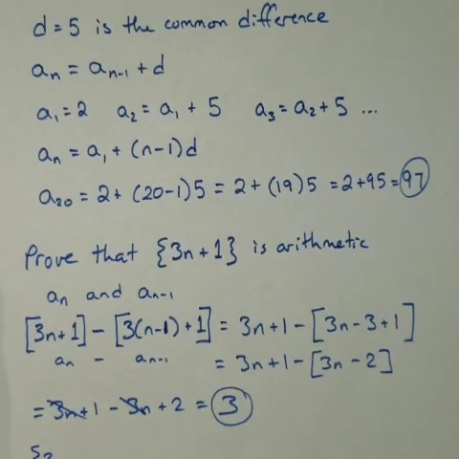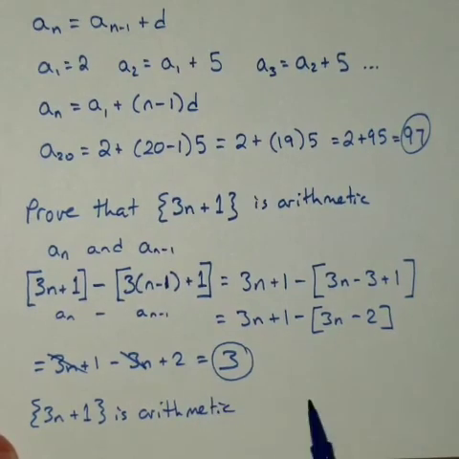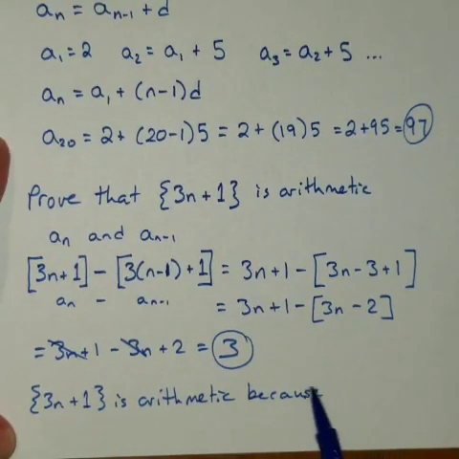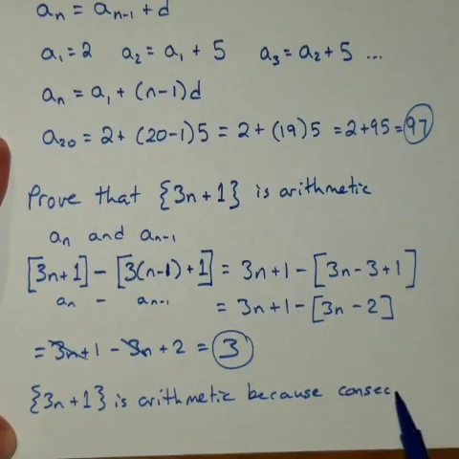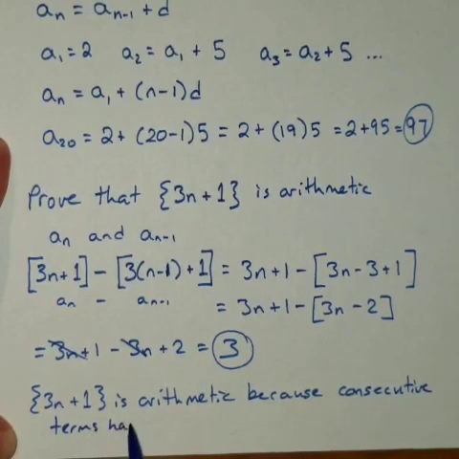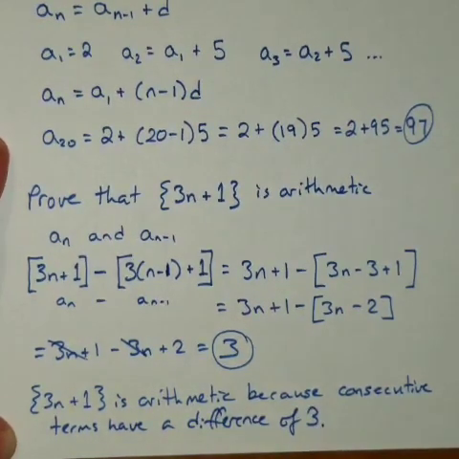So I could say 3n plus 1 is arithmetic because consecutive terms have a difference of 3. All right, very good.